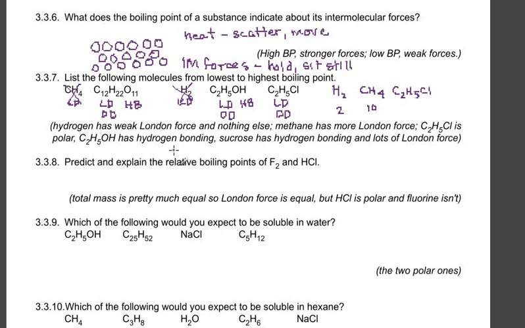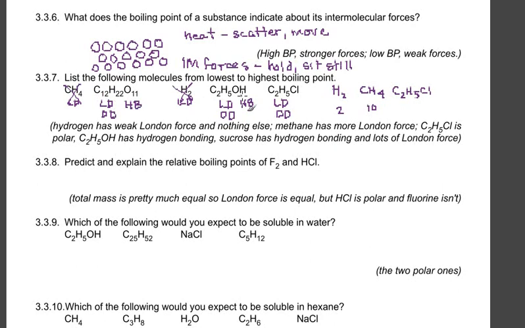Another minor cheat you can use if you know most of these substances: hydrogen is a gas, so that should tell you it has weak intermolecular forces. Methane is natural gas, gas again. You probably don't have any experience with chloroethane, I know I don't. But then we have ethanol, this is the alcohol people drink, and this is sucrose.